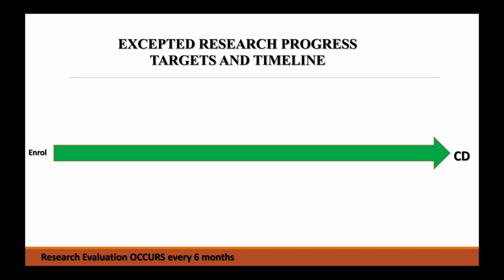To begin, when they enroll and join the program, in the first 6 months when they come and get evaluated, it's very important that they have already established the supervisor team and who the supervisors are. They have met the supervisors, and they have started to plan their research topic and project with them.